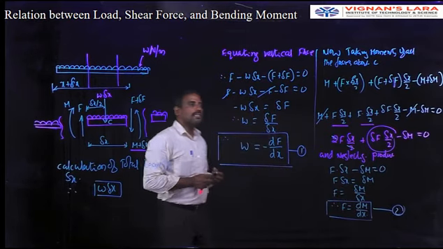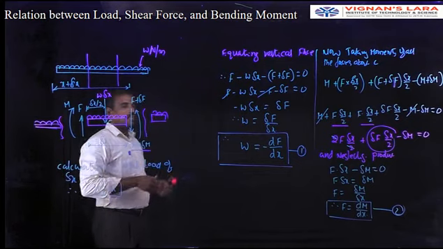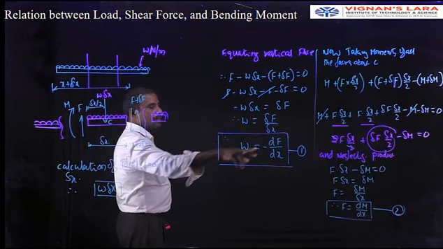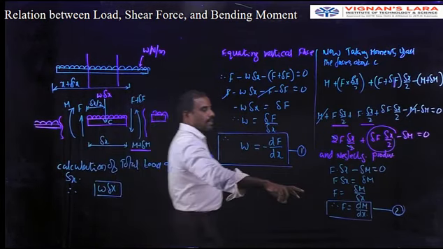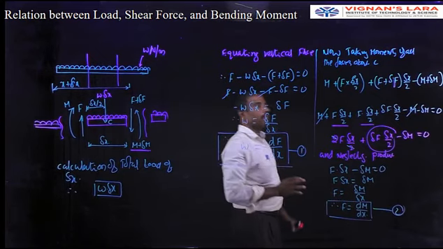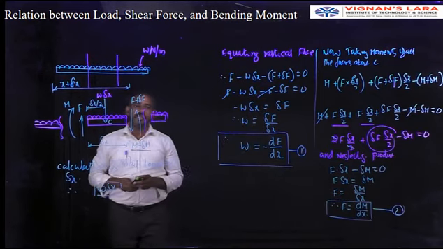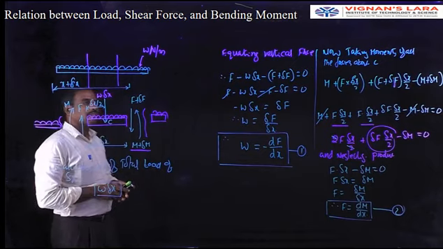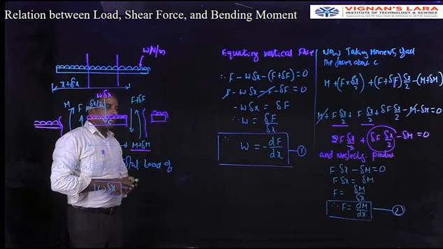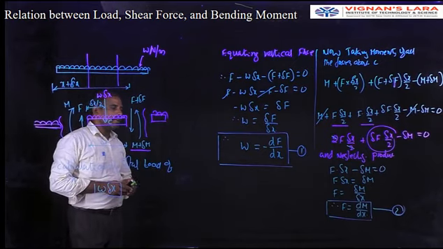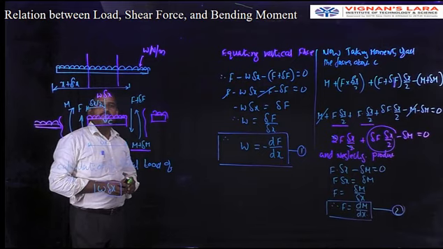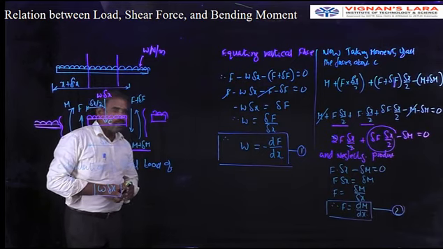So from these equations, we know the relation of the rate of loading with the shear force and the shear force with the bending moment. With this information, we can find the rate of loading at any distance and the bending moment anywhere in terms of the rate.